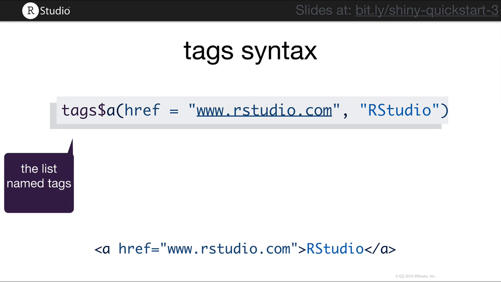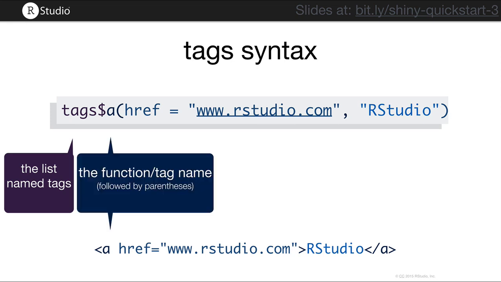So you need to use the tags$ to specify that you're specifically talking about these Shiny functions that recreate HTML tags. Once you do that, you choose the name or the element of the list that you want to use. The name will correspond to the HTML tag that you're trying to make. So here I'm calling A, and that will make an A tag. By the way, this HTML at the bottom of the page is the output of the R code at the top of the page.